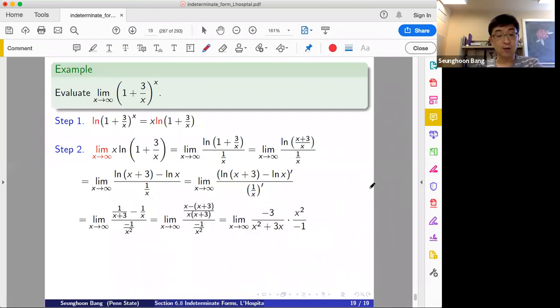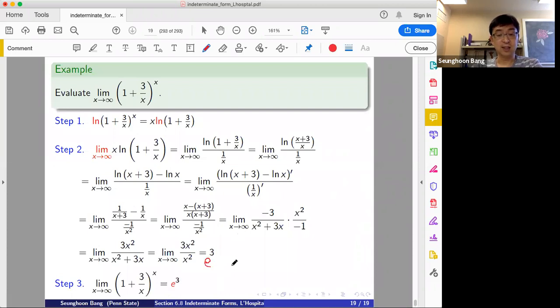This is not the final answer. Step 3 is to take e to the power of this. This is the final answer for solving this problem. So one more. You can guess the answer to this question.